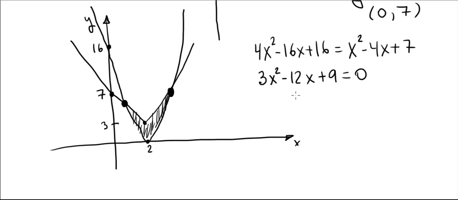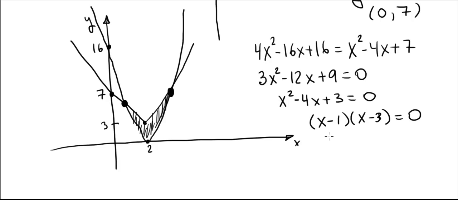And now divide everything by 3. So we have x squared minus 4x plus 3 equal to 0. And this factors into (x minus 1) times (x minus 3) equals 0. So the x coordinates of the points of intersection are 1 and 3. So we can mark those. This is 1 and that is 3.